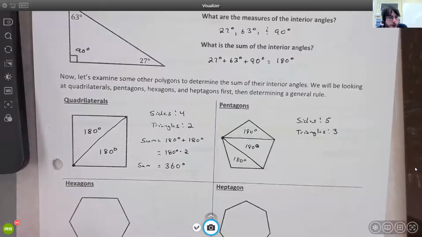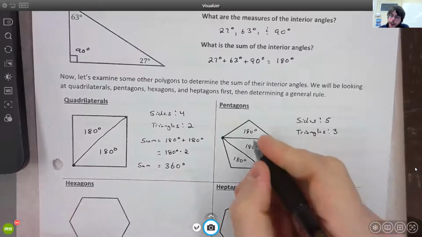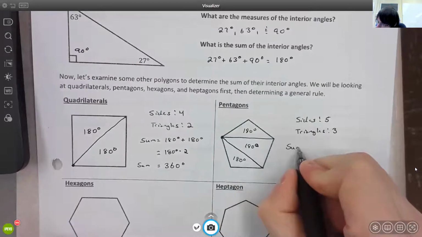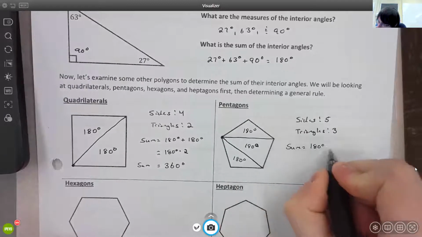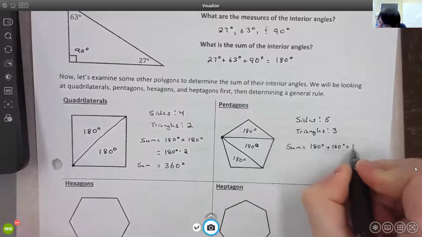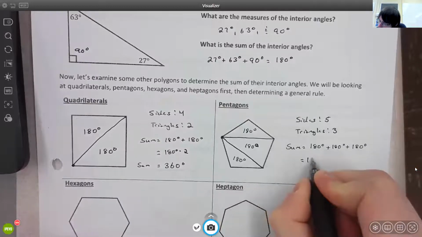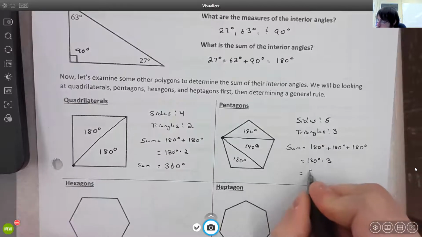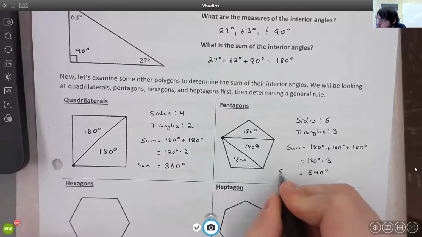So since we have 3 triangles, we have 3 180-degree interior sums. So the sum is equal to 180 plus 180 plus 180, which is the same thing as 180 times 3, and you get 540 for the sum.